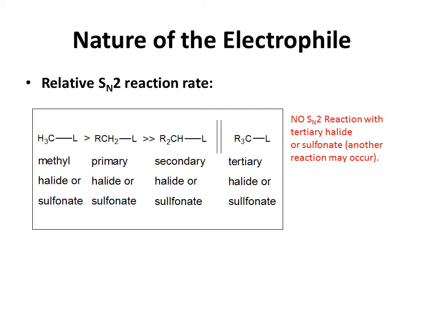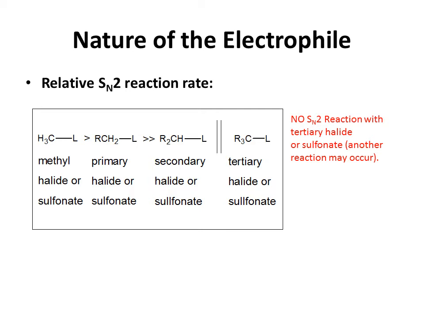The primary halide has an R group, that's an extra carbon, attached to the CH2. The primary halide reacts much faster than the secondary halide or sulfonate, which would take hours at room temperature at molar concentrations. So now there are 2 carbons attached to the electrophilic carbon with the leaving group, creating a lot of steric bulk.